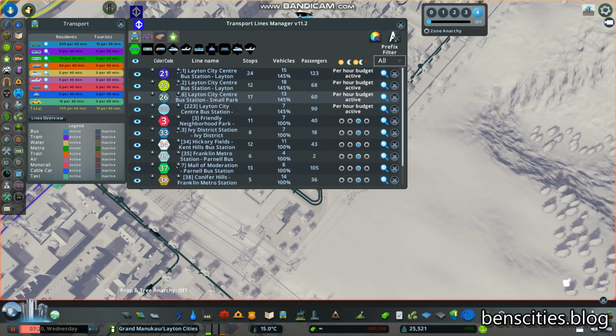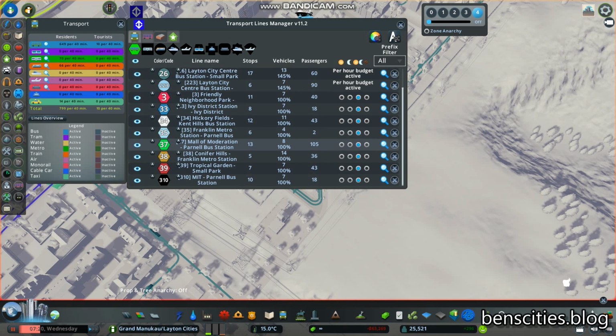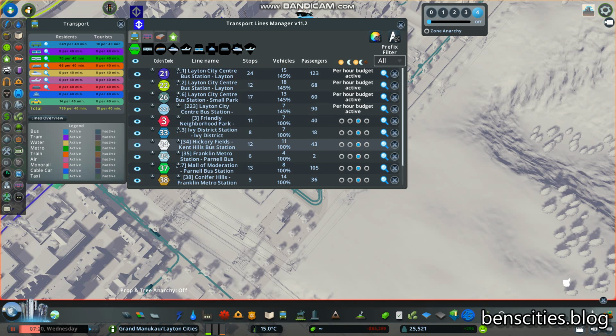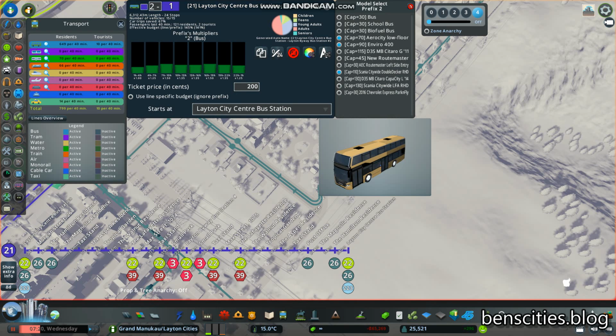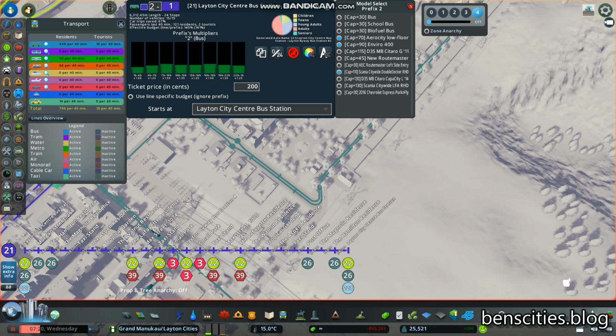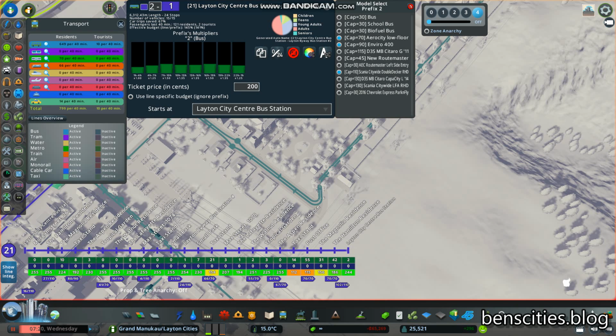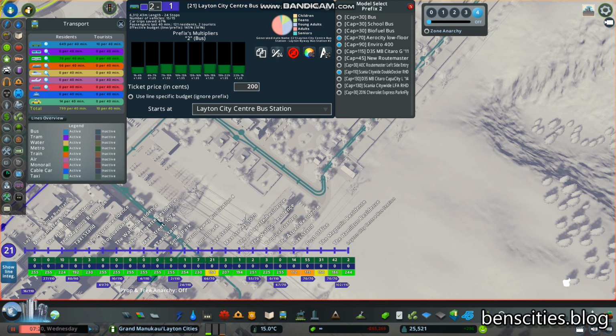So let's go. Given it's early in the morning, it's quite a bit. Yes, you can see some of these buses are running quite full and we're moving passengers around.